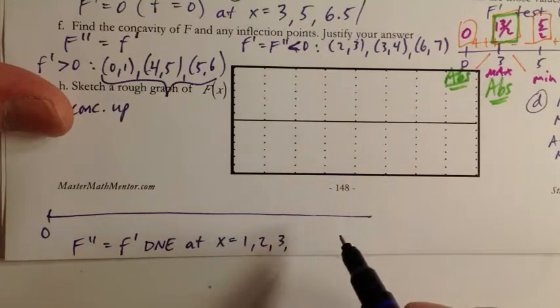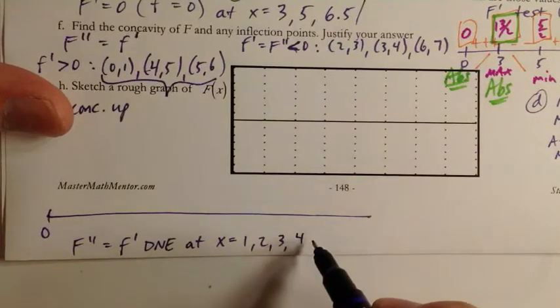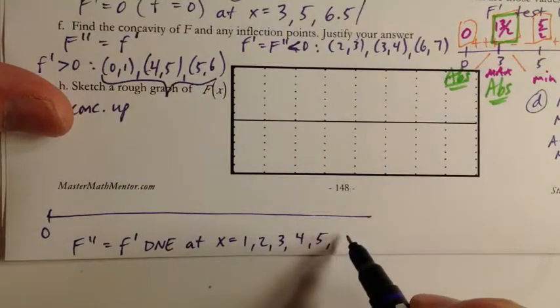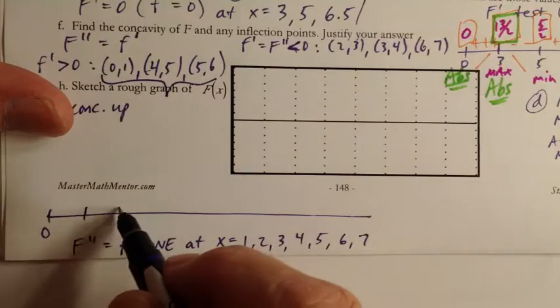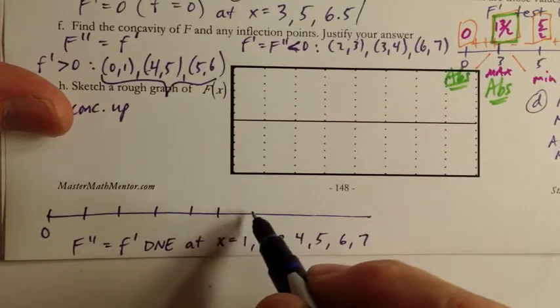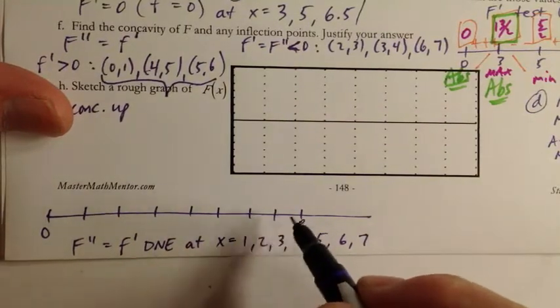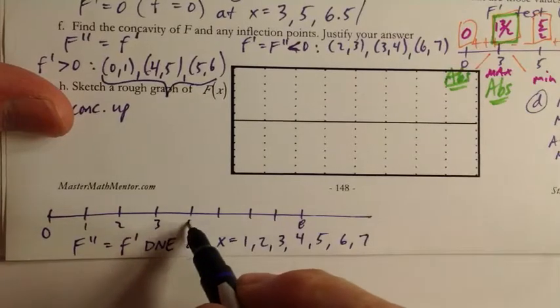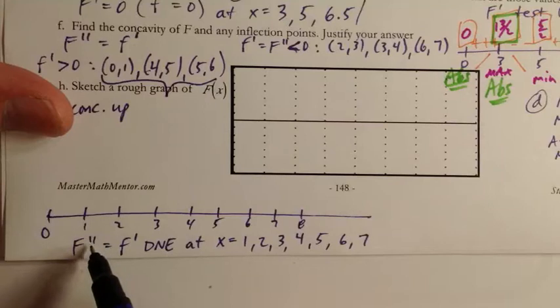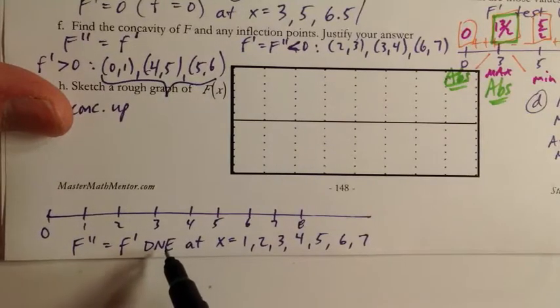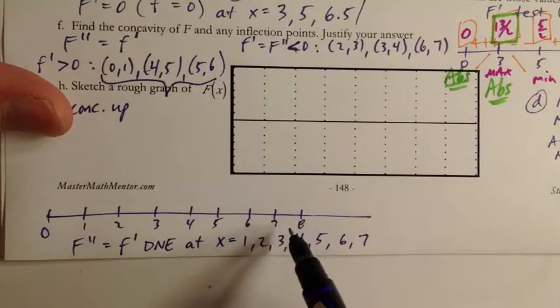So there's a sharp point there. And then at 4, at 5, more obvious at 6, and then again at 7. So we have all these critical points: 1, 2, 3, 4, 5, 6, 7, 8 is here. So this is where, again, capital F double prime does not exist. So these are the potential inflection points.